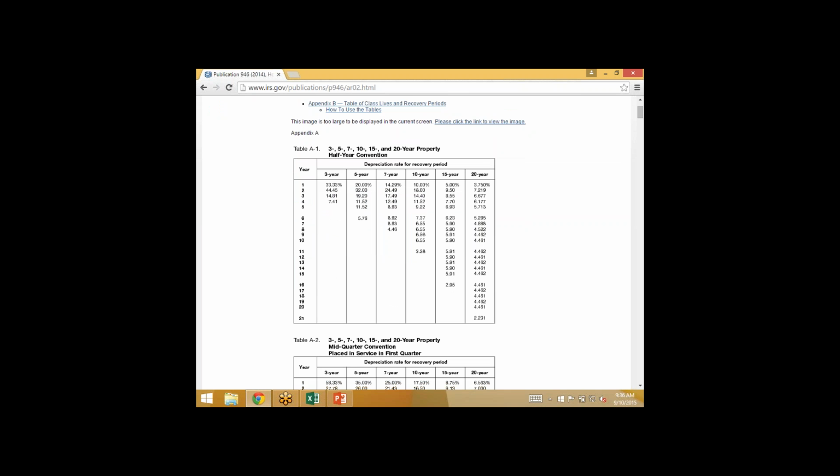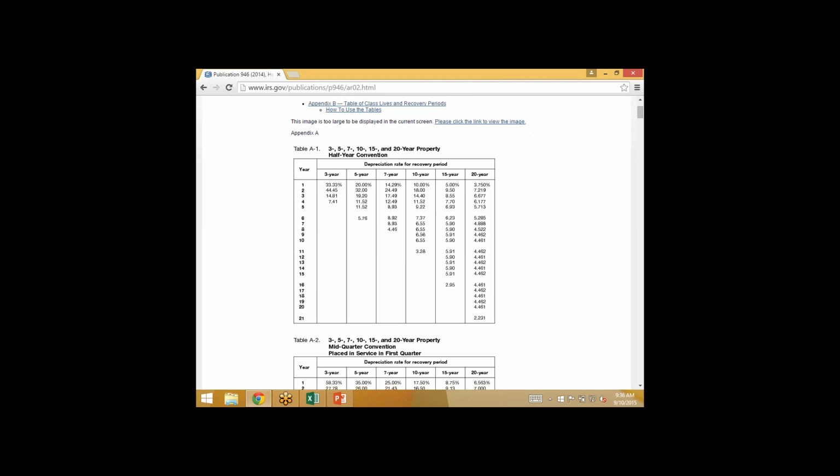Look at the 3-year. So 3-year straight line depreciation is effectively taking a property, $9,000, and dividing it in thirds, 3,000, 3,000, 3,000. 33% a year, right?